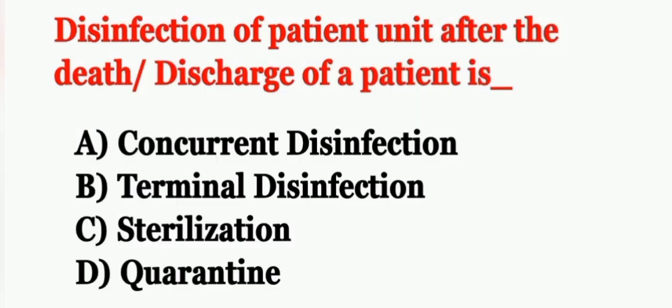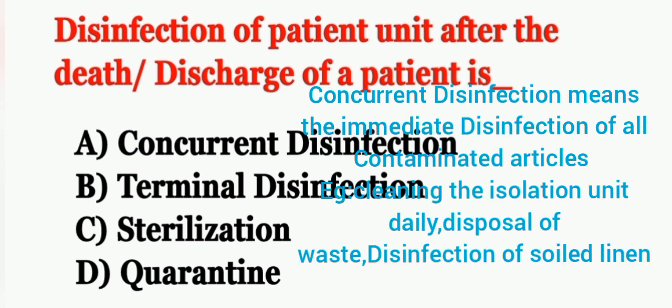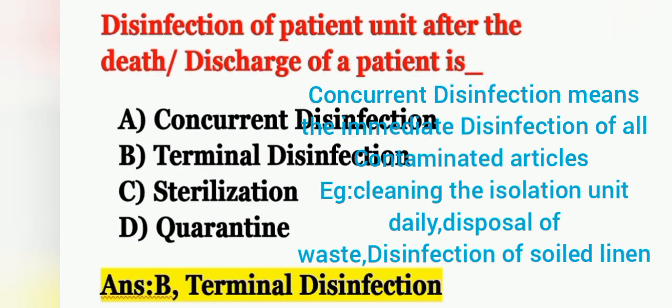The next question, disinfection of the patient unit after death or discharge of the patient is known as? Option A concurrent disinfection, option B terminal disinfection, option C sterilization, option D quarantine. Which type of disinfection is used after the death or discharge of the patient? The correct answer is option B, terminal disinfection.